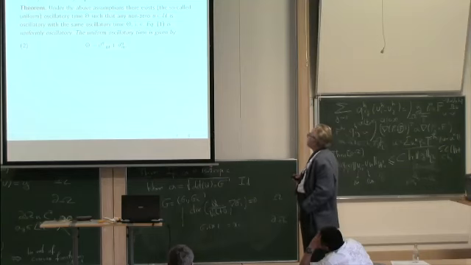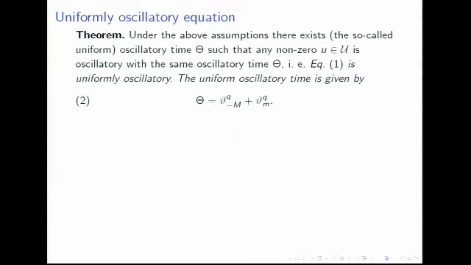Under the above assumptions, there exists the so-called uniform oscillatory time, capital Theta, such that any non-zero u from the calligraphic U is oscillatory with the same oscillatory time Theta.